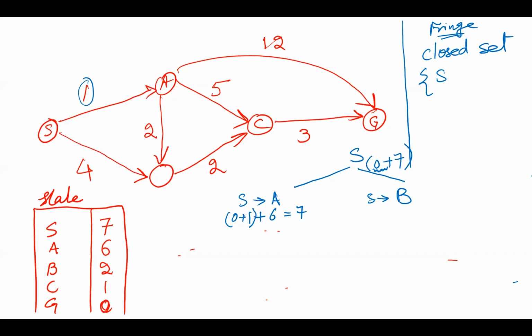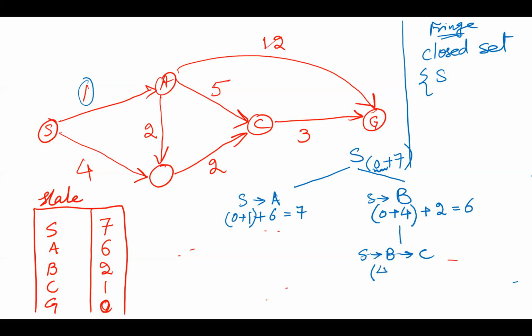So from S to B, we have the G of n from the parent and the cost, which is 4, plus H of B, is 6, right? Which path will it expand? Okay. So from B, it can only go to C. What's the F of n here?